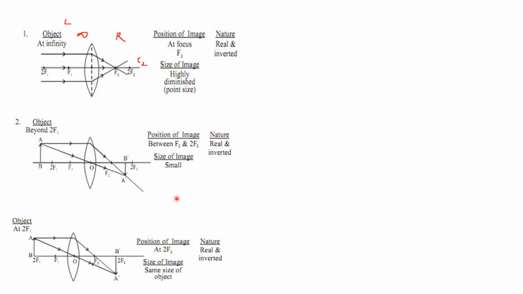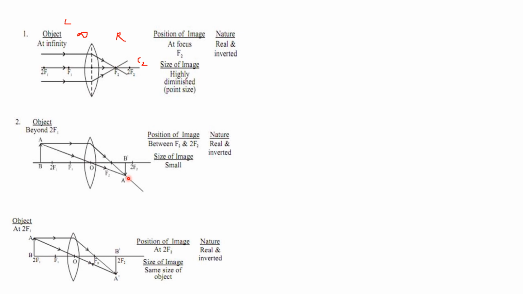Wherever these two rays intersect, there the image will be formed. This image is diminished as compared to the object. It is inverted, and because it is inverted, we say that it is a real and inverted image.